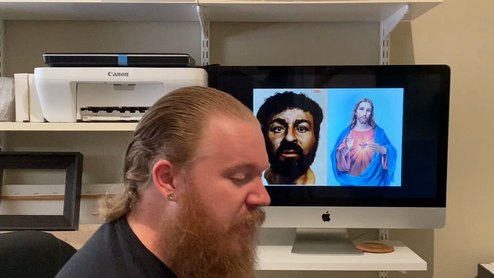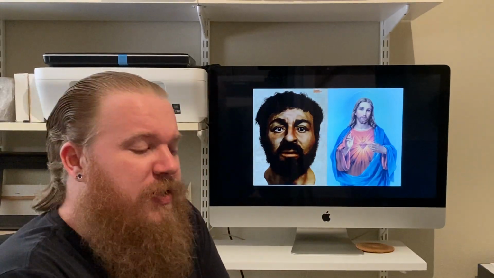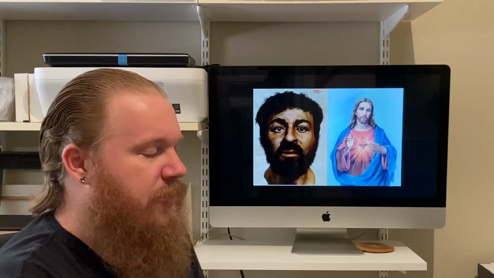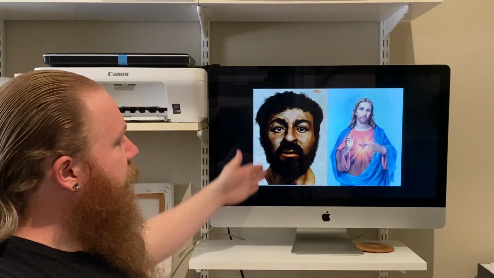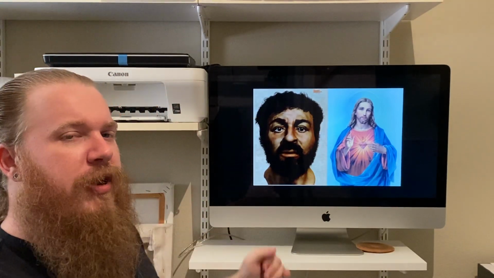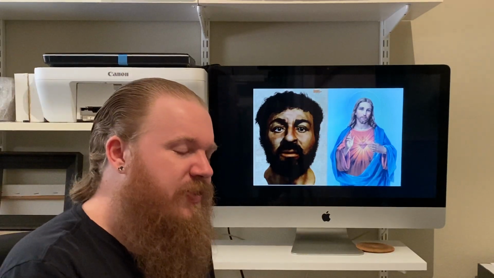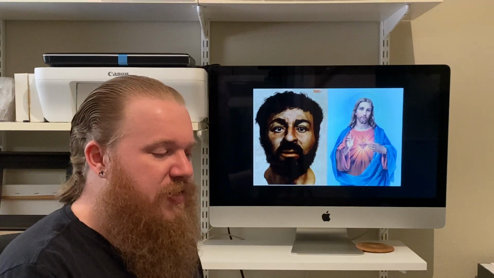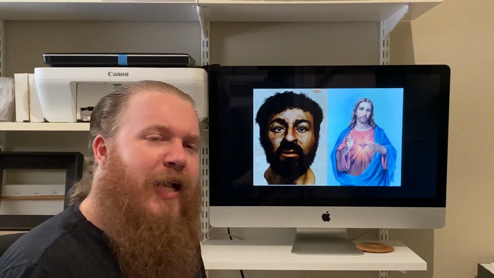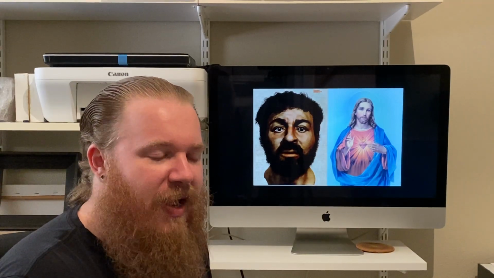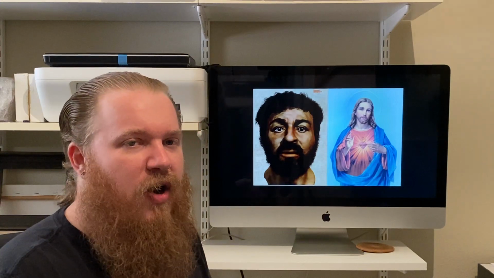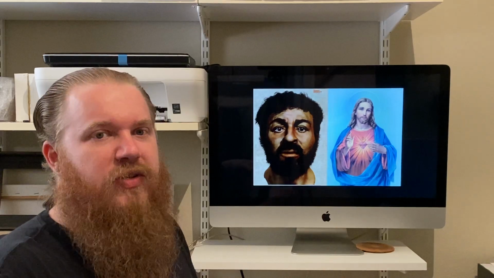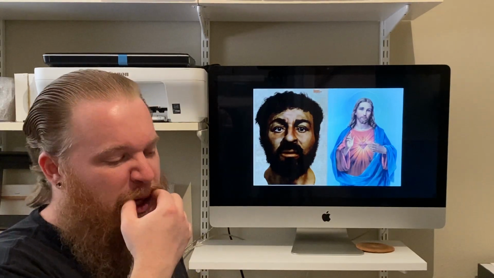So here we can see an example of how artists have really shaped our perception of certain ideas. On the left here, we can see a modern recreation of what scientists, ethnographers, etymologists, and all of these kinds of people believe the actual face of Jesus might have looked like, based on the genetics of the Middle Eastern region, as well as the historical time period and all of that.